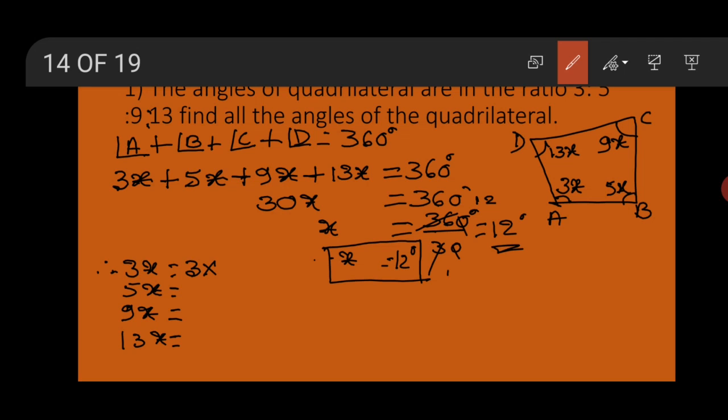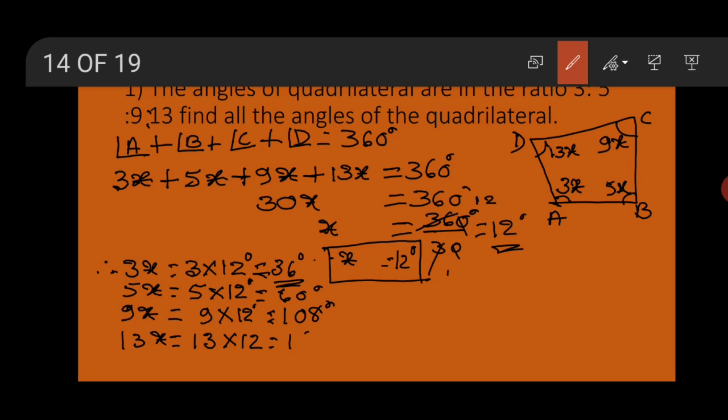Value of x is already found. So it is equal to 3 into 12, which is 36 degrees. Again 5 into 12 degrees, so 60 degrees. 9 into 12 degrees, so it is equal to 108 degrees. And 13x is equal to 13 into 12.